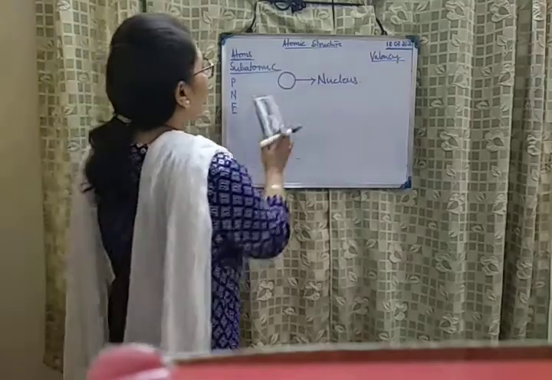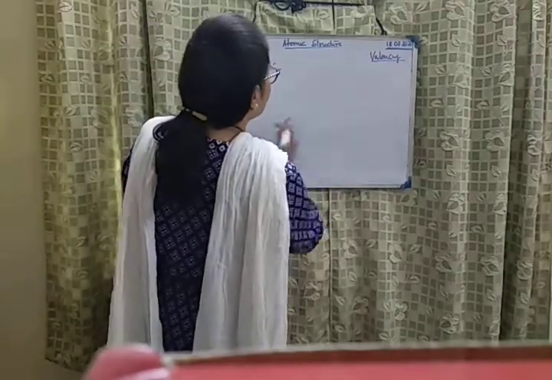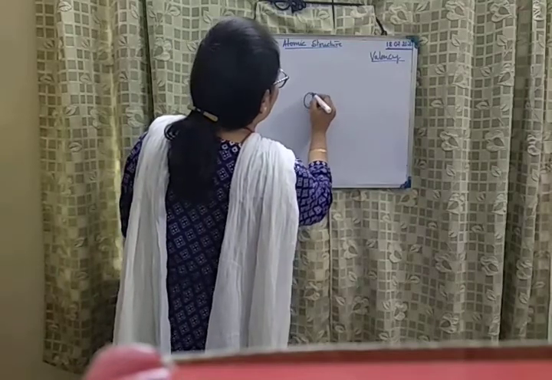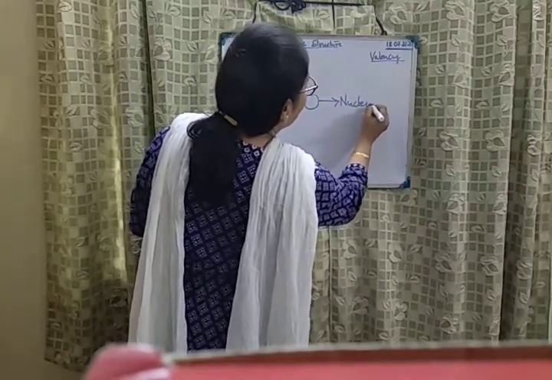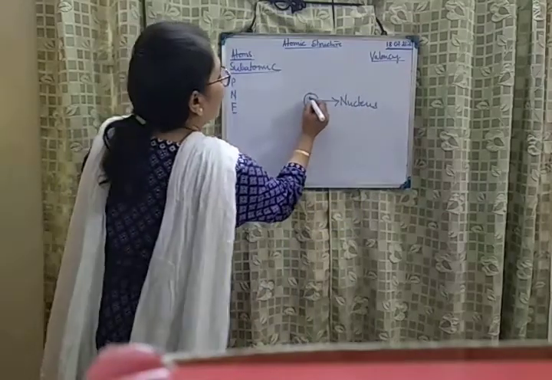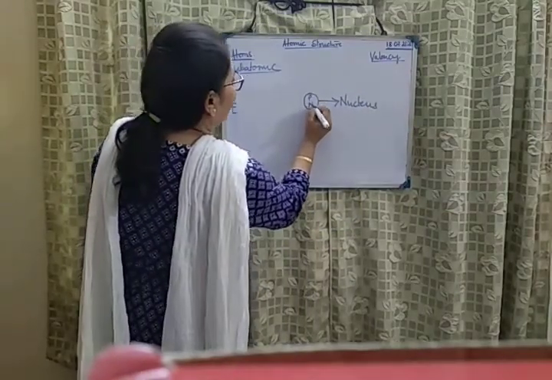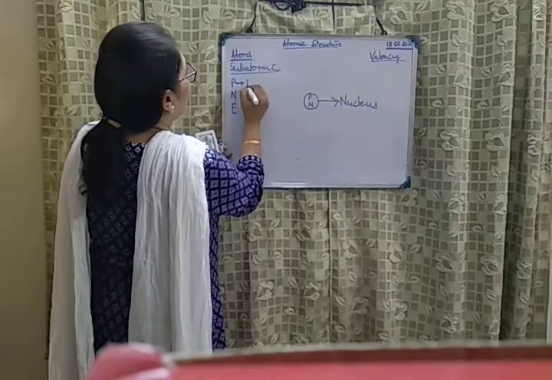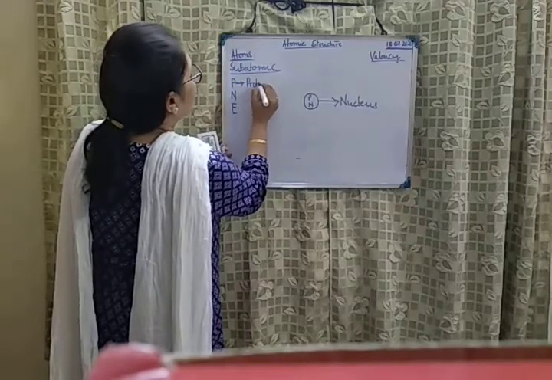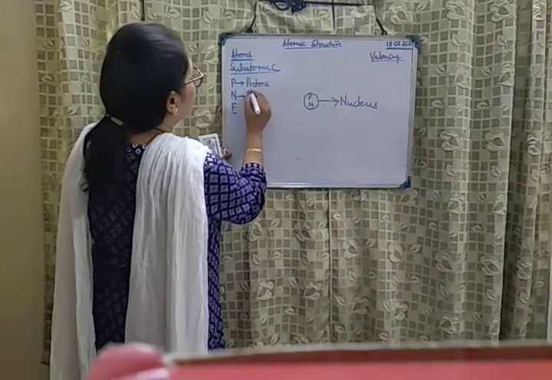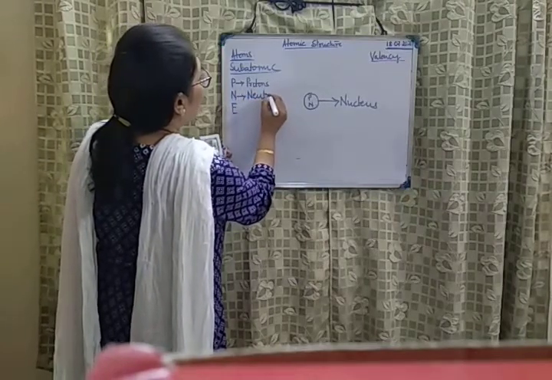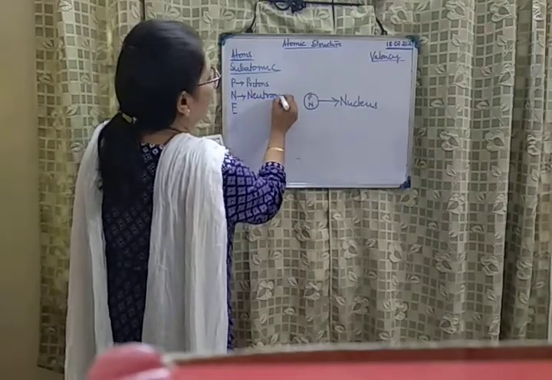In the center of an atom, you will find the nucleus. This nucleus contains two types of subatomic particles, particle P and particle N. P stands for protons, which are positively charged particles. N stands for neutrons, which are neutral particles.